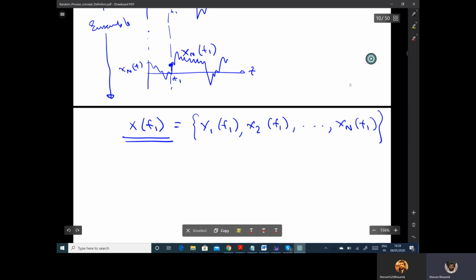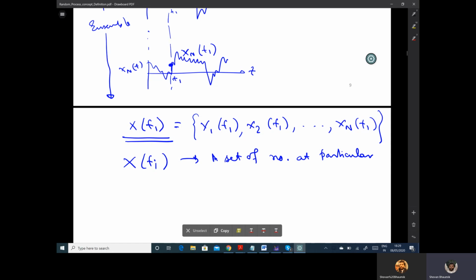If I write x(ti), it means a set of all possible numbers which the random process takes at a particular time ti.